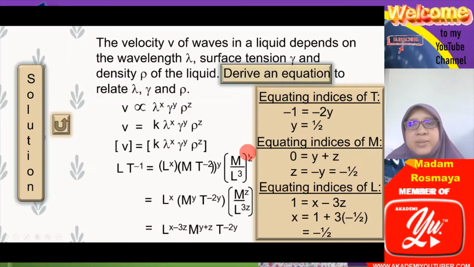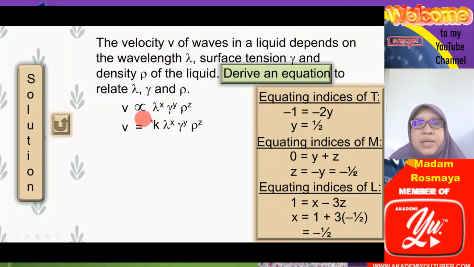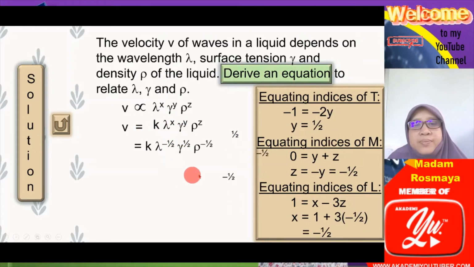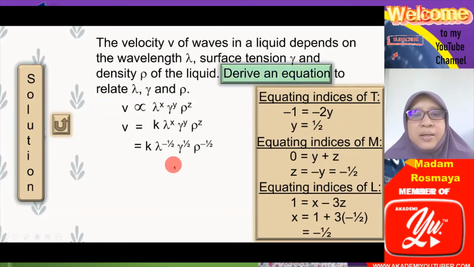Okay, so the next step is we are going to rewrite the equation by substituting the y, z, and x values into the equation here. Okay, so we substitute x, y, and z into the equation, and we rewrite this.